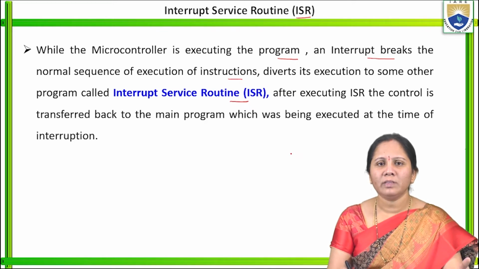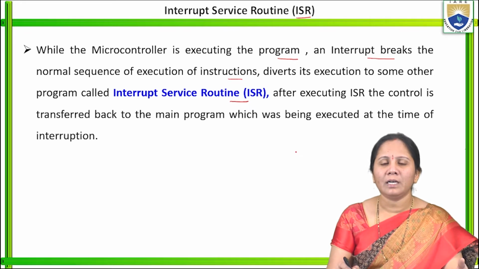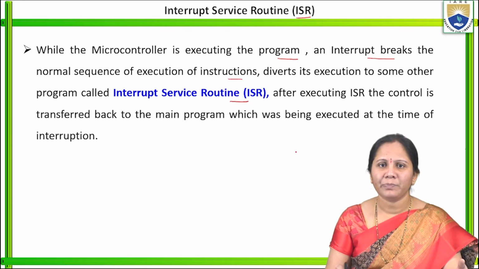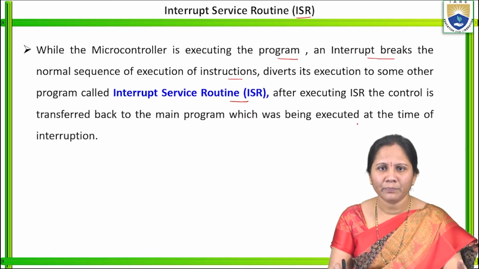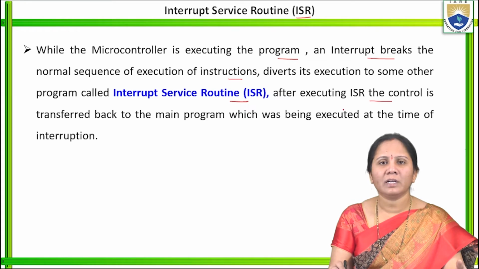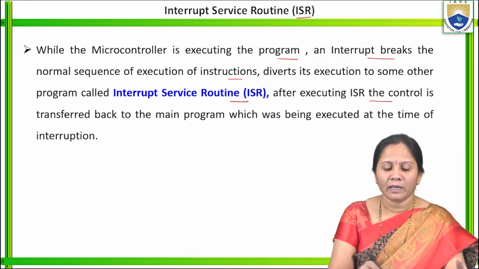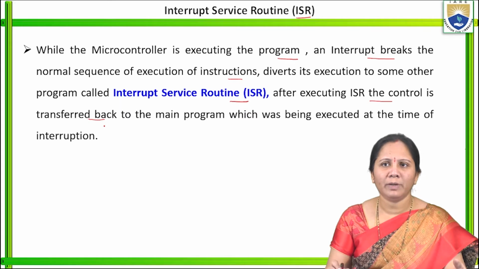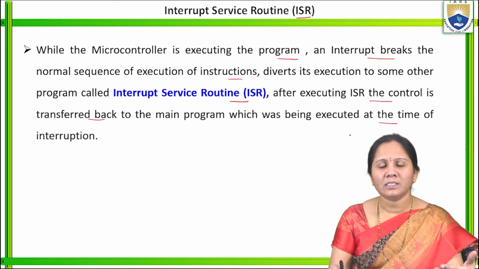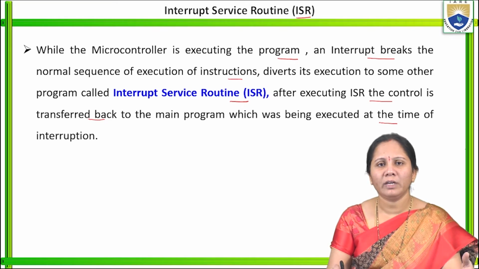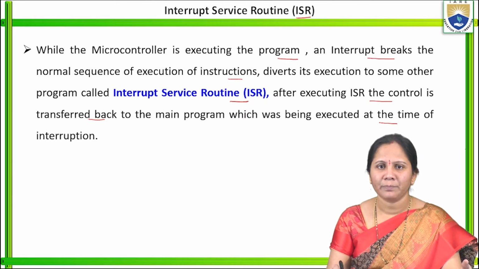After executing that particular interrupt service routine, the last instruction of the ISR program should be IRET. When that instruction is executed, the control is transferred back to the main program which was being executed, and it continues the main program from where it had stopped.